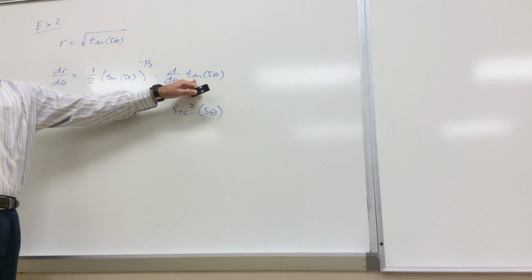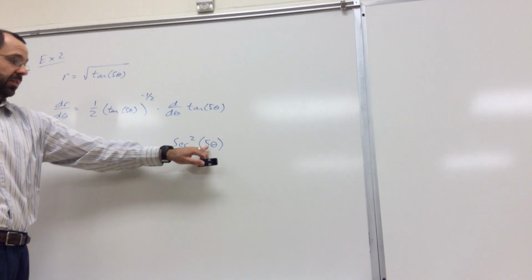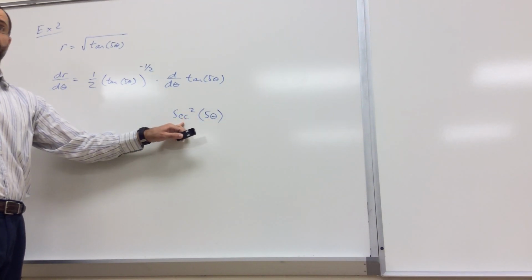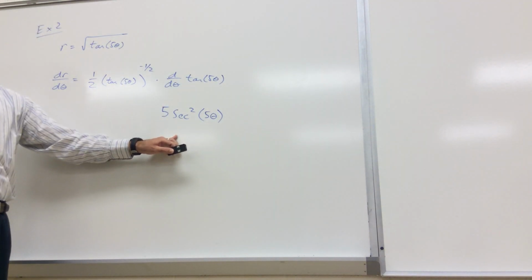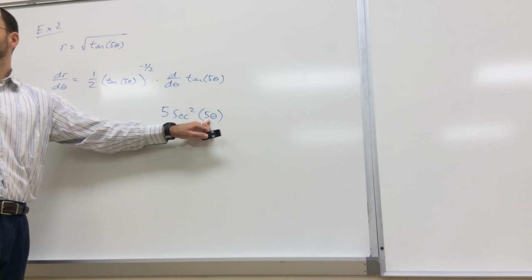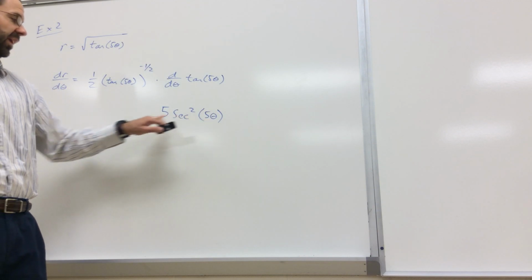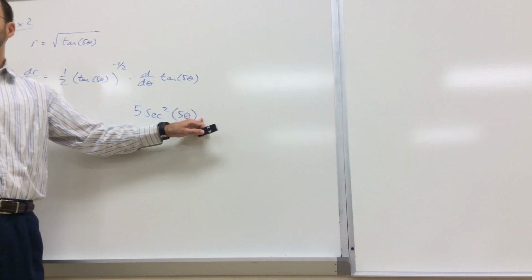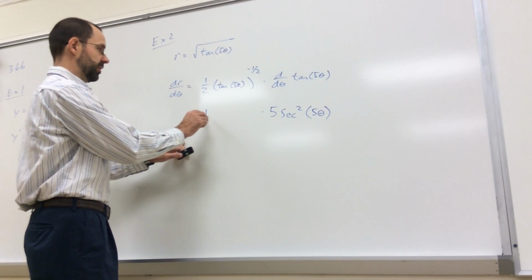If tangent is the outside function, then 5 theta is the inside function. So we plug the regular inside into it. And then you multiply by the derivative of the inside, which would be 5, because the derivative of 5x is 5. So the derivative of 5 theta is 5. And I like to put it in front so there's no confusion about what's being multiplied by 5. So now I'm going to recopy the rest of this.